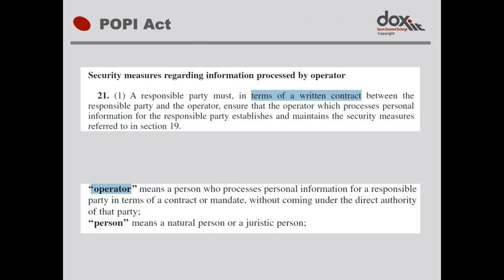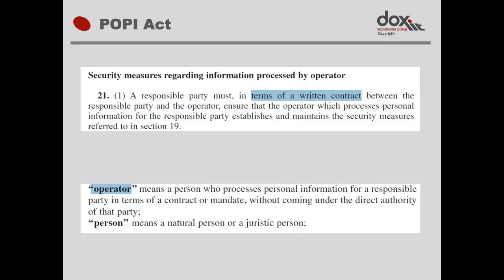Well, as long as there is no sensitive or personal information in the documents, it may work. But the moment the document includes personal information such as ID numbers, addresses, and so forth, we have to keep in mind what the POPI Act says.